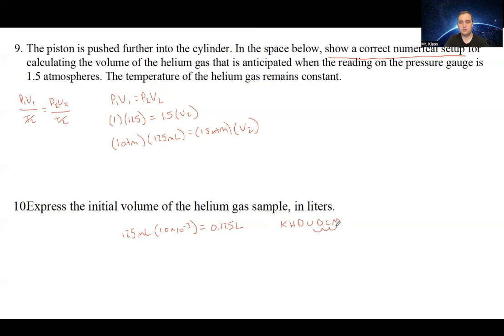So the decimal place moves back 1, 2, 3, and now we get our 0.125 liters. If you want to do it that way, you can. If you want to plug it into a calculator using your conversion factors, it's completely up to you and how your brain works.